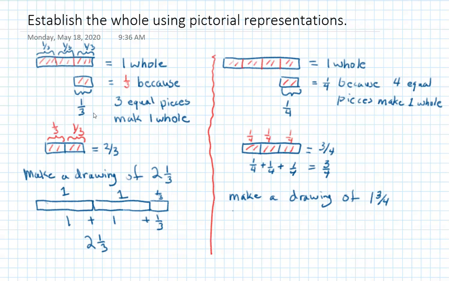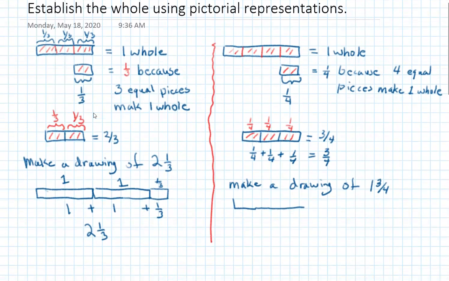So to make a picture of 1, we have to duplicate the picture that's up there. Let's see, I think I got it right. That's 1. And then I need 3/4. Remember that to get 3/4, I'll add 3 1/4 pieces together.